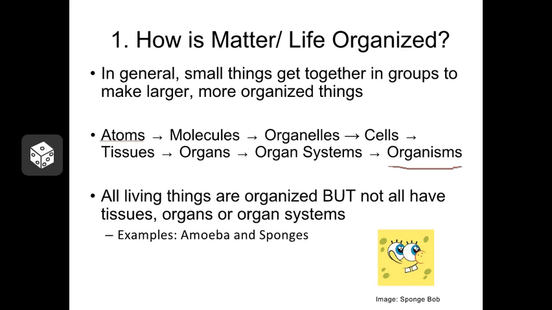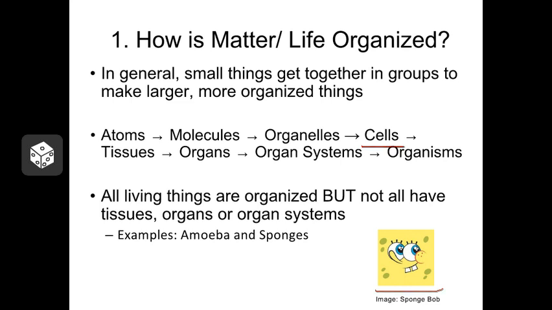Now, this system of organization works really well for large, multicellular, complex organisms, such as ourselves, and such as things like trees and fungi. But not all living things have all of these levels. For instance, it might surprise you to find out that organisms like sponges are really just collections of cells, but they really don't go above that level.